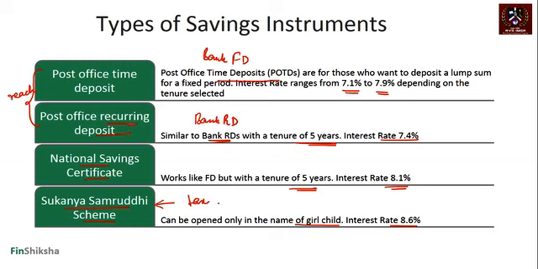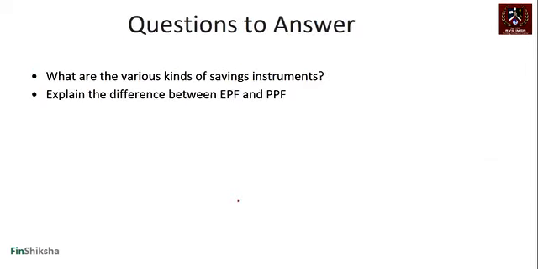There are again some tax benefits given in order to encourage saving money for the education of the girl child, right? So essentially that's the broad idea in terms of how the government is trying to propagate savings. These are primarily the major savings instruments that are available, right? That's broadly it in this particular section.